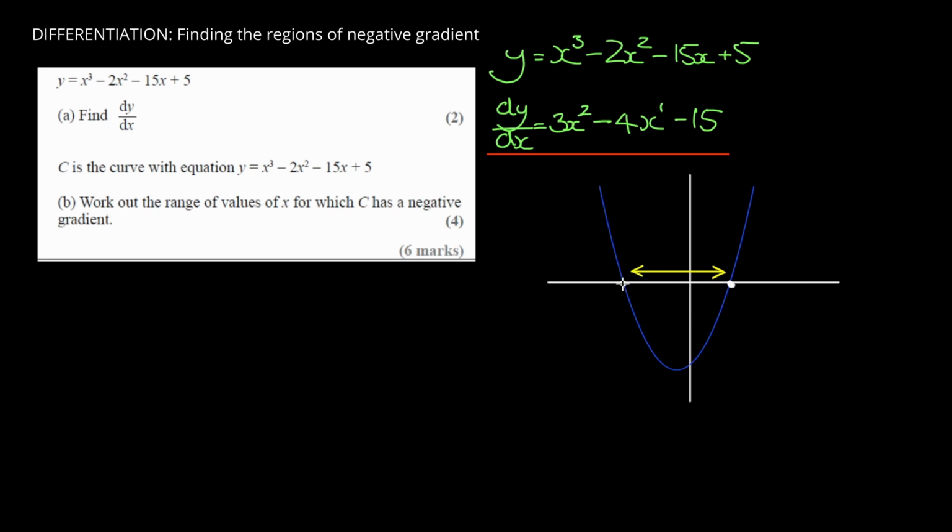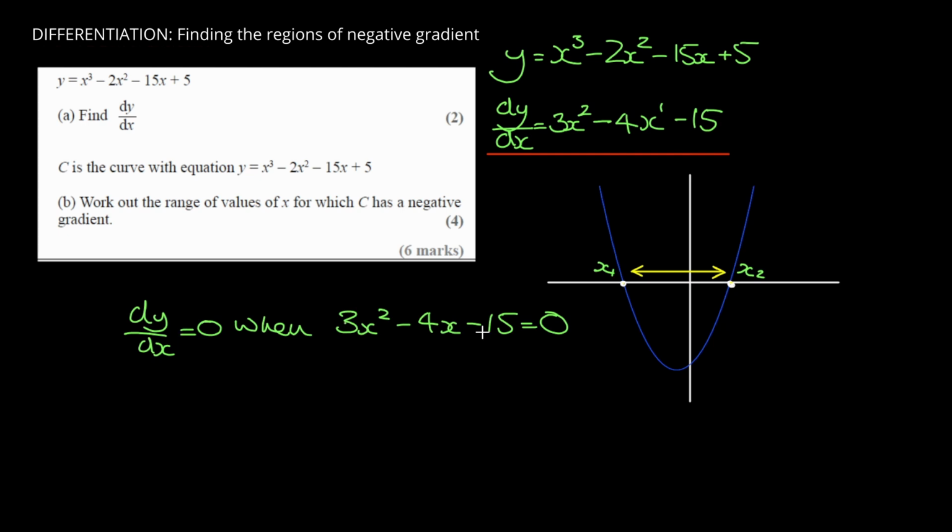So if we can find these points, we can then say the curve will have a negative gradient between these 2 goalposts. So if we factorize the quadratic, we will find these points, and we can then determine where the curve has a negative gradient. What's special about those 2 points is that the gradient function itself is 0. So if I set this guy to 0, find out the values of x, we're home and dry.